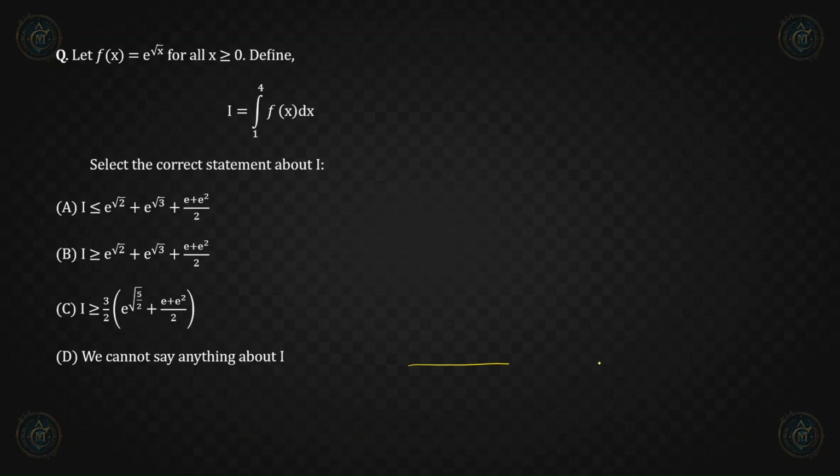So we have this graph, x equal to 1 to x equal to 4, right? So x equal to 4 will be like this. Then we try to break this interval into two different parts or three different parts or four different parts and so on.